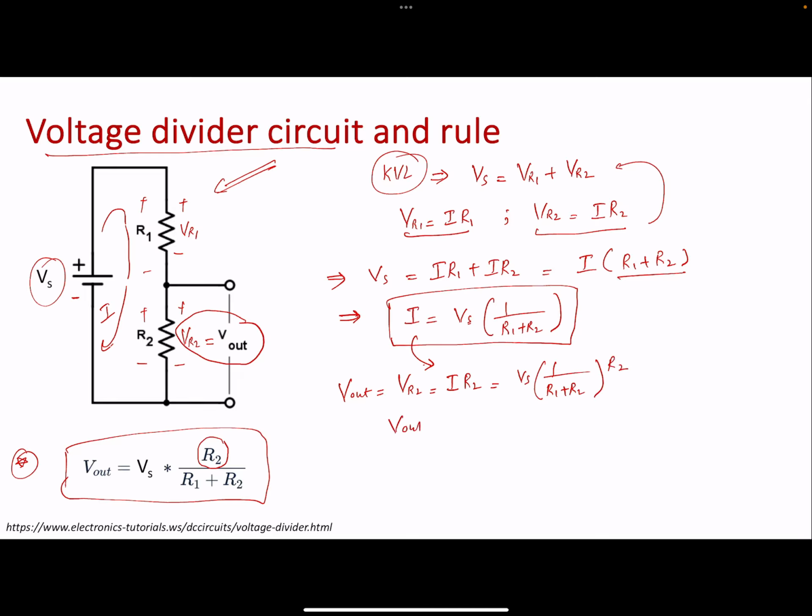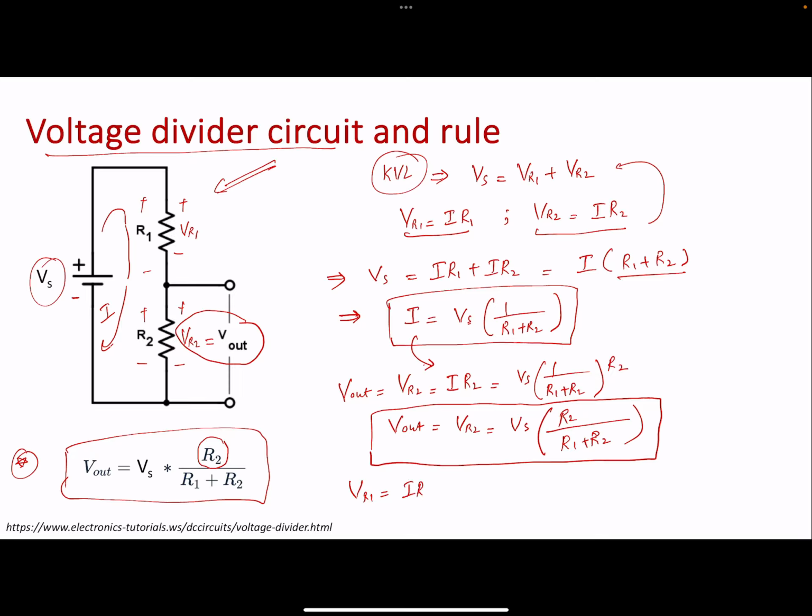So you got VR2, or Vout, as the supply voltage times the resistance across which we are measuring the voltage, divided by the sum of the resistances, right? Similarly, we can get VR1, which is I times R1.